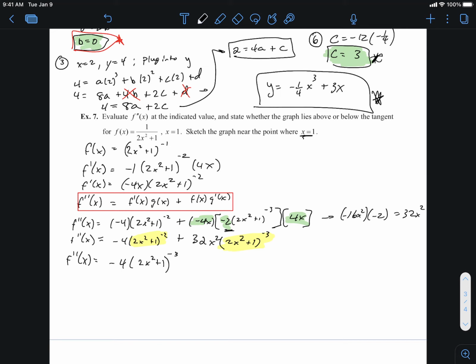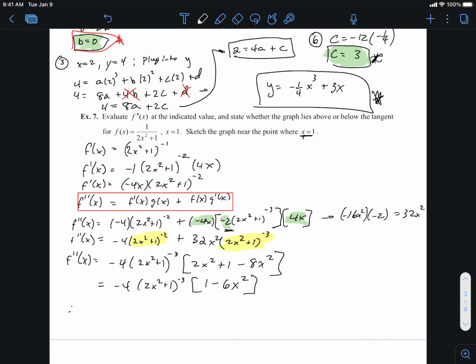And then we can say, okay, well, what's left after I do that? Well, I get 2x squared plus 1. I have one of those left now. And then minus 8x squared. Okay, so we're going to see -4 times (2x squared plus 1) to the -3 multiplied against (1 minus 6x squared).